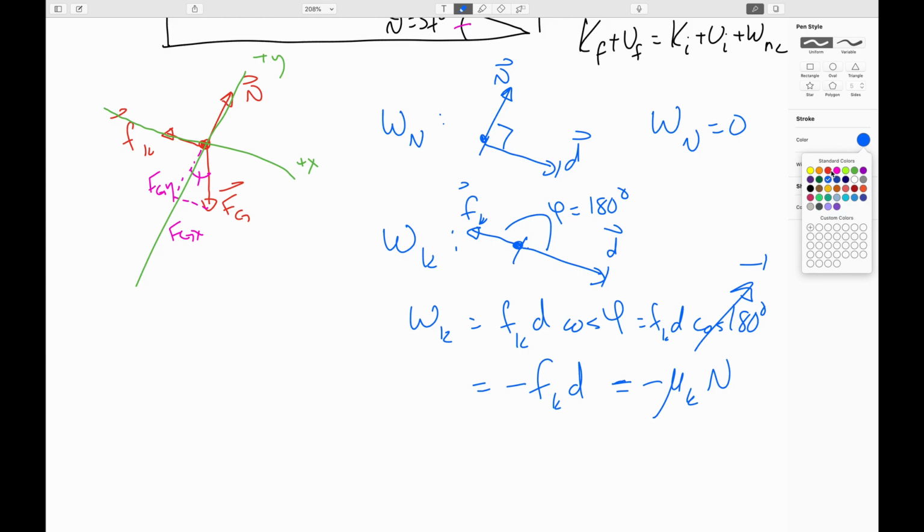So here is unfortunately where we are going to have to do a little bit of dynamics, but not as much as we had to before. We still need to find what the normal force is equal to. So we're still going to have to write something like F net equals ma.